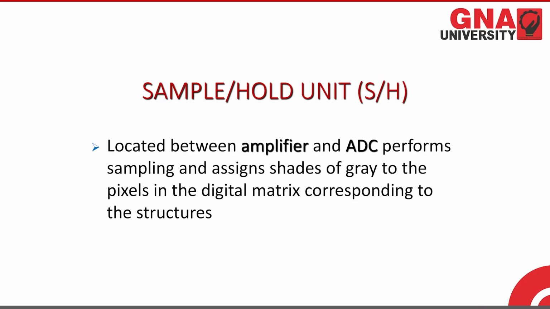This particular electronic device helps us to assign sampling and assign shades of gray to the pixels in the digital matrix corresponding to the structures. So basically the sample hold unit will verify the signals and will only allow the useful signals to proceed further. The rest, the unwanted signals, will be terminated at this particular electronic device.